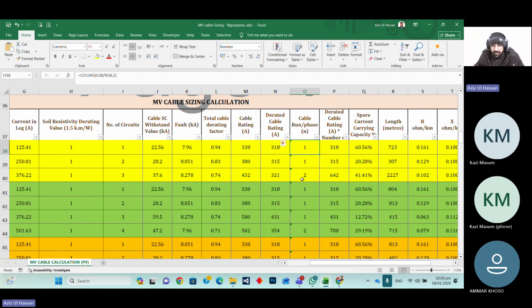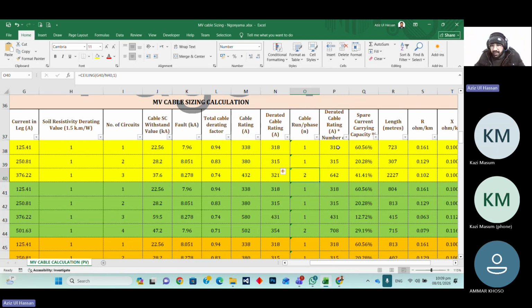Here you can see the load current is 376.22 and our derated ampacity is 321, so the derated ampacity is lower, and the cable runs will increase to 2, not 1.